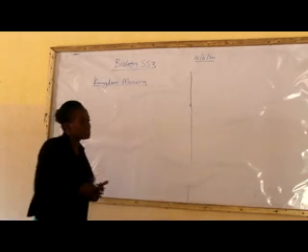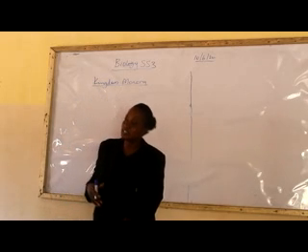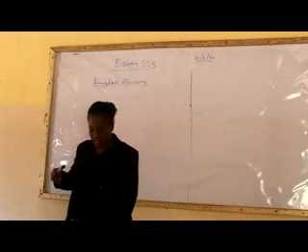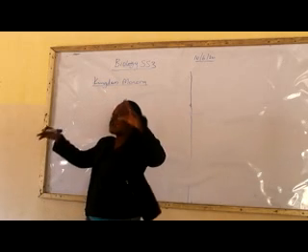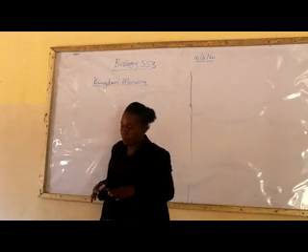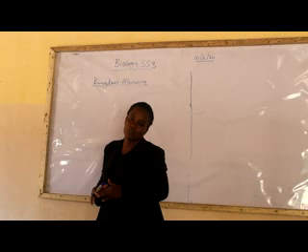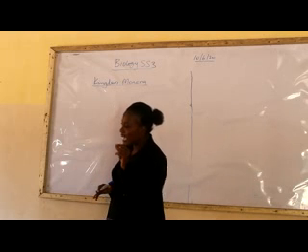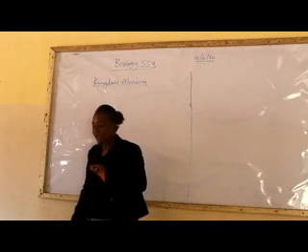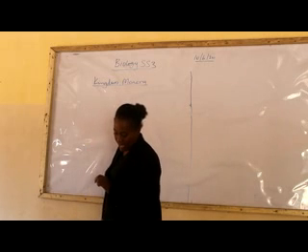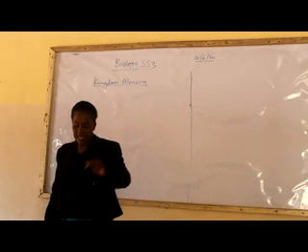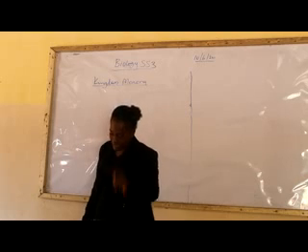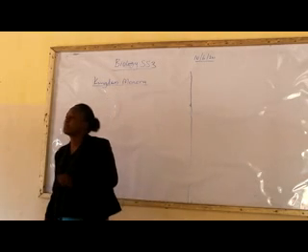Because of that, biologists now grouped organisms into 5 different kingdoms: the kingdom Monera, kingdom Protista, kingdom Fungi, kingdom Plantae, and kingdom Animalia.